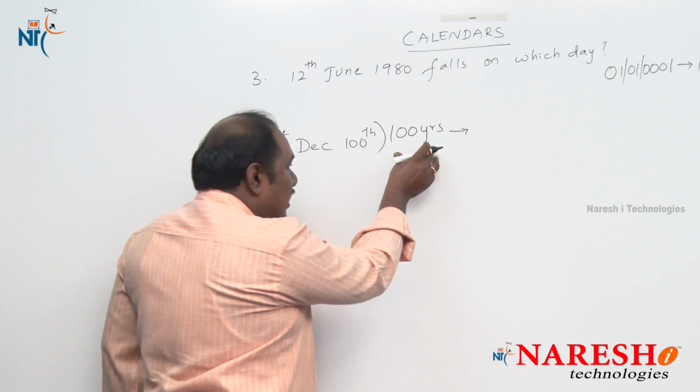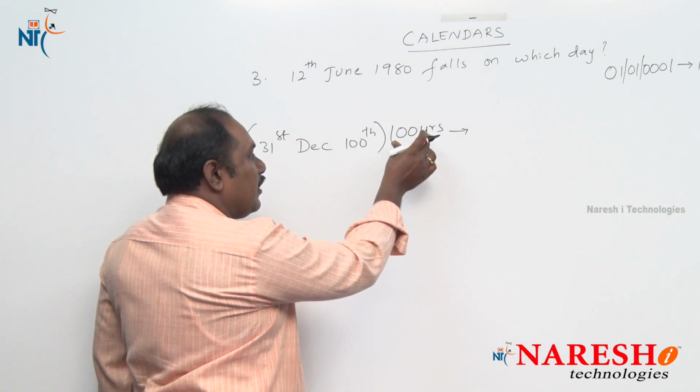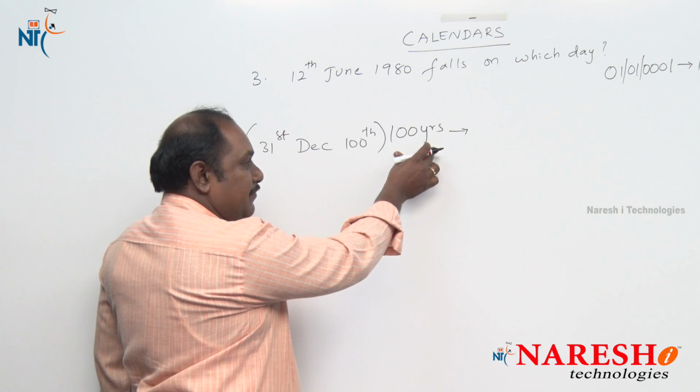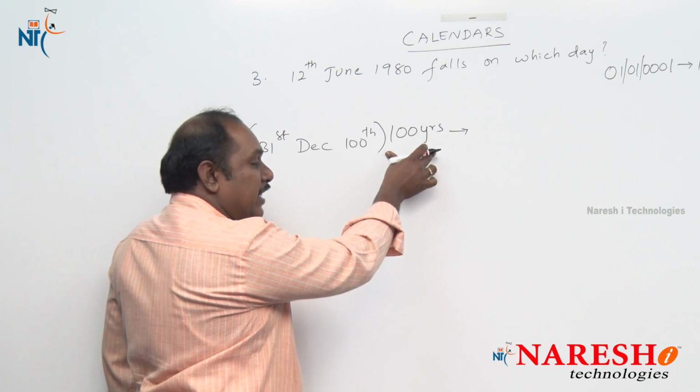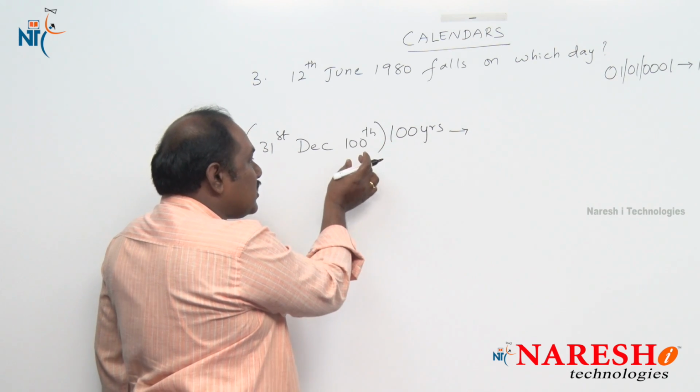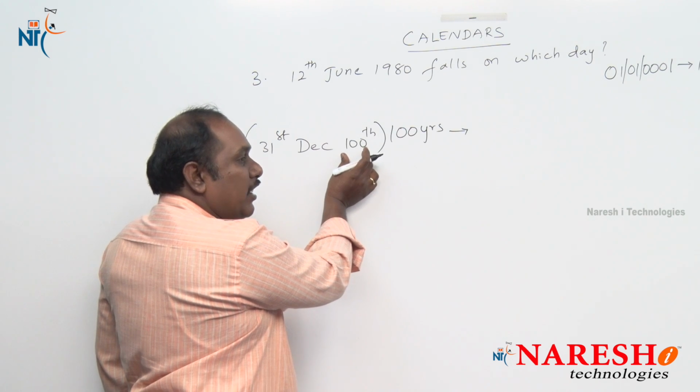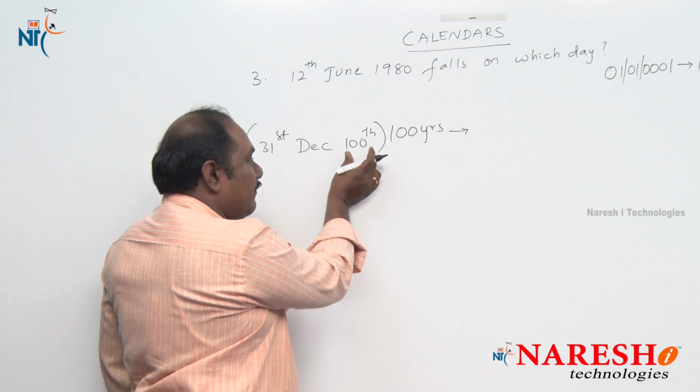In this 100 years, we have in total 24 leap years. Why do I say 24 leap years, why not 25? Because the 100th year is not a leap year. We have already discussed this.